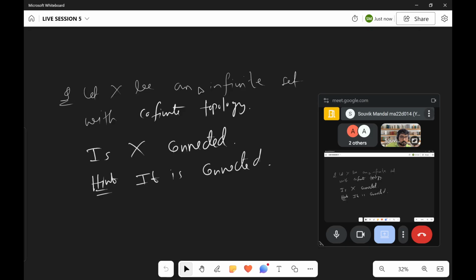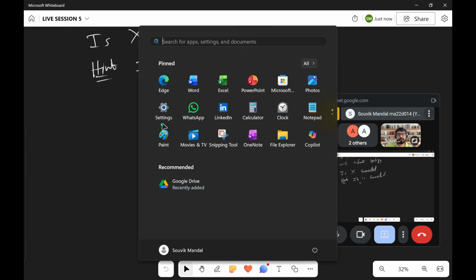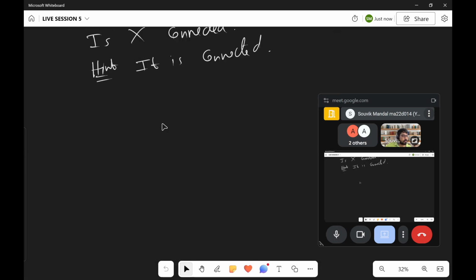We can do this by contradiction. Yeah, sure. So what is the argument? Say that if they are disconnected, there exist two open sets such that the infinite set can be written as U union V. Now, since U and V are open, X minus U should be finite and X minus V should be finite.